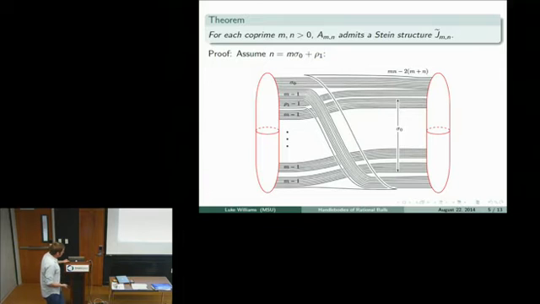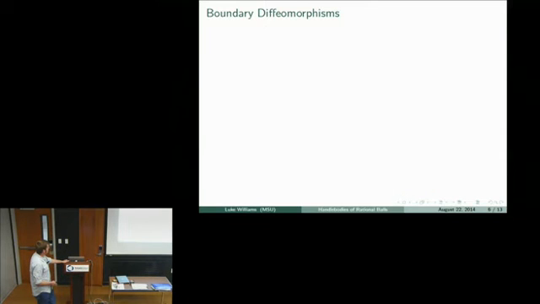And so to do that, we're going to need a way to correlate these two contact structures, to compare them against each other. So we need maps from the boundary. So at this point, we run off and we start producing boundary diffeomorphisms. And I should say before I get to the theorem that these kinds of diffeomorphisms were known.